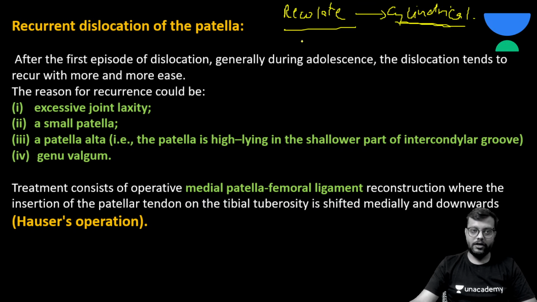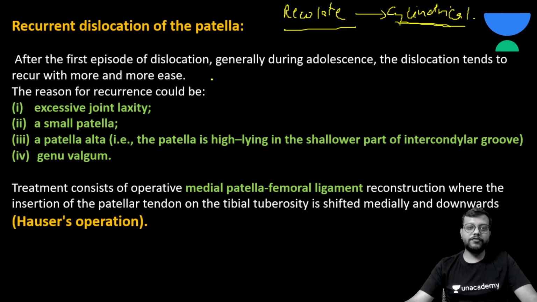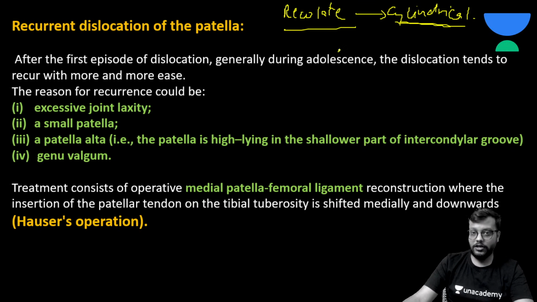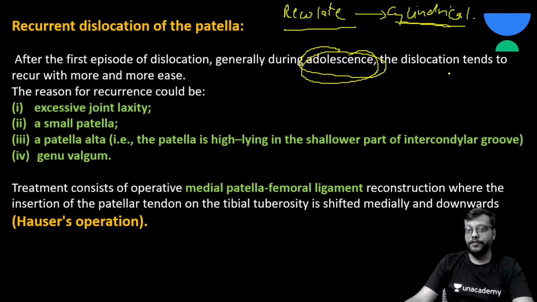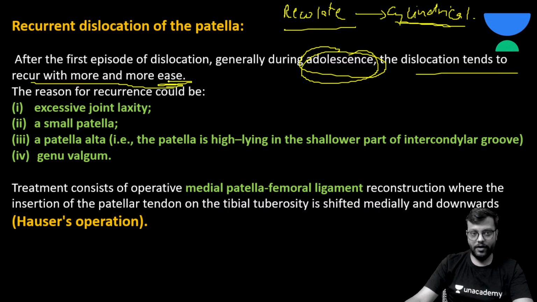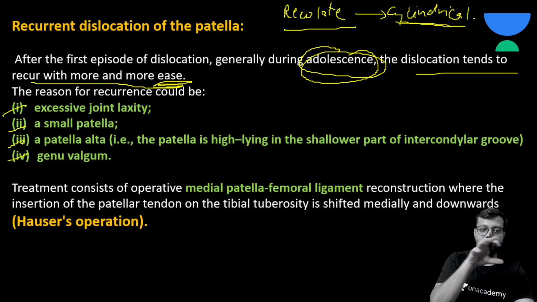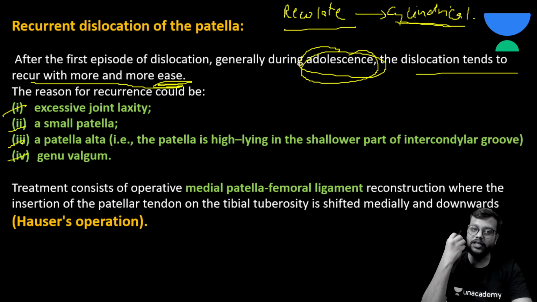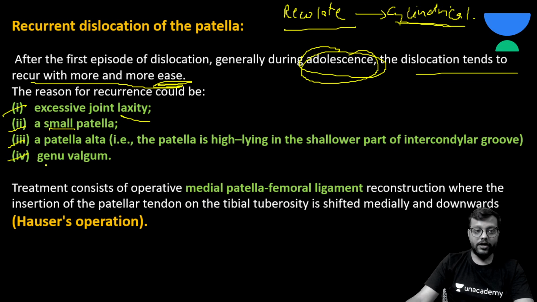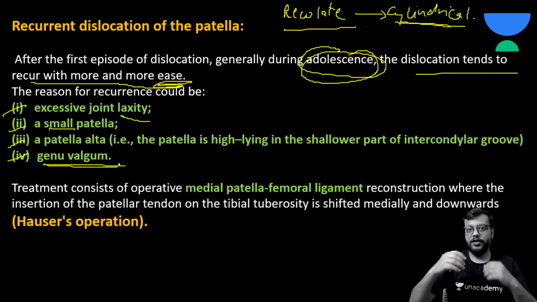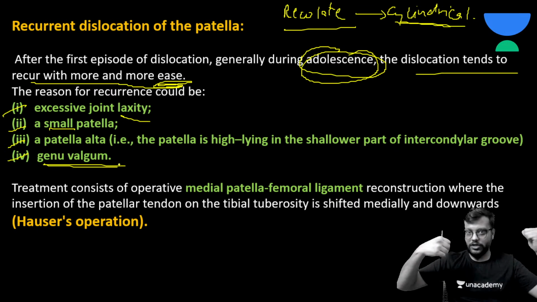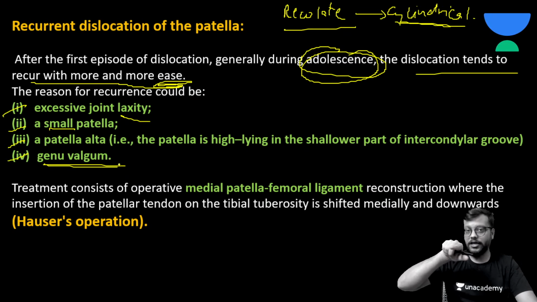Now recurrent dislocation, as we have discussed: after the first episode of dislocation, especially in adolescents, the dislocation tends to recur with more and more ease. So what are the reasons? There are four reasons. First, if the articular cartilage, joint capsule or the joint is lax, or if there is a small patella, or if there is genu valgum deformity, in which it goes laterally, as we have discussed.